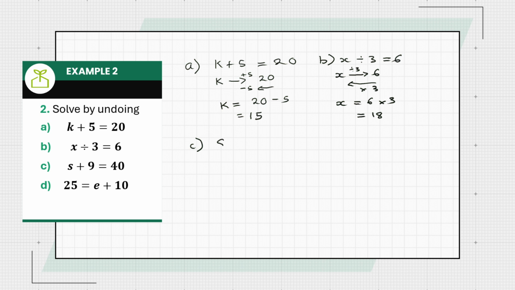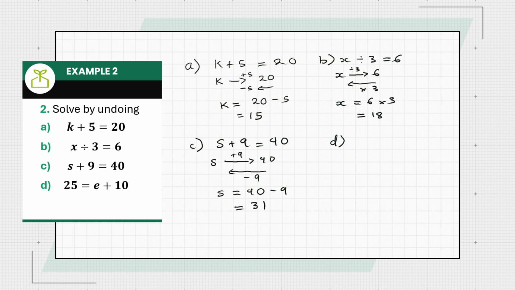If we look at C, we have s plus 9 is equal to 40. So we've gone from s to 40 by adding 9, and to go back the other way we have to do the opposite, so we take away 9. So s is equal to 40 minus 9, and that is equal to 31.